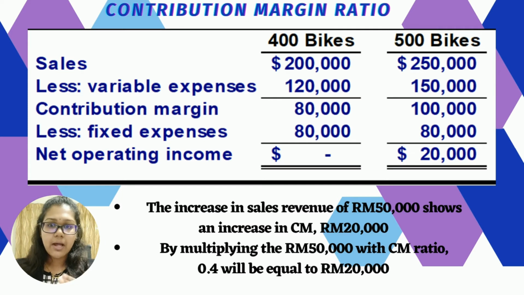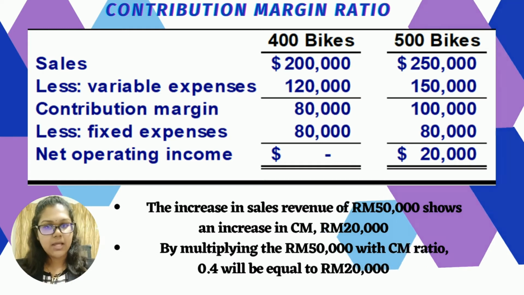By multiplying the RM 50,000 with the contribution margin ratio 0.4, we get RM 20,000. From this, we can conclude that if the bike company is able to increase sales by RM 50,000, it will increase the contribution margin by RM 20,000, which is RM 50,000 times 40%.